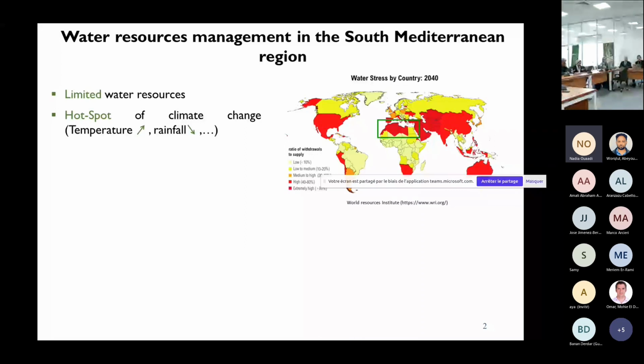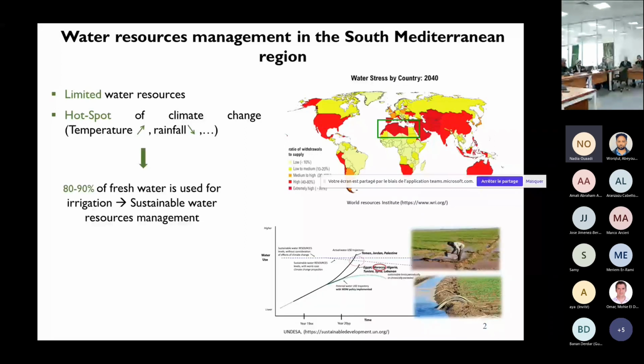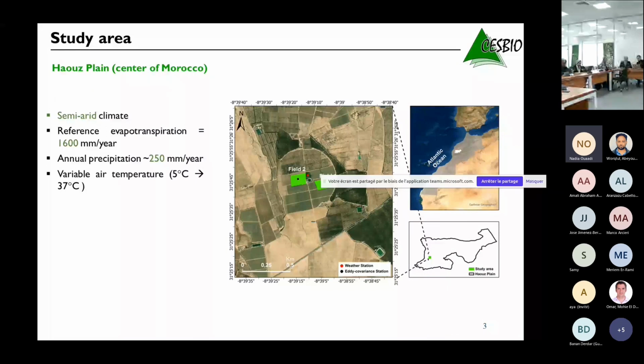Among the different sectors that consume water, irrigation dominates the global water use with up to 90% of it, which highlights the need for a rational and sustainable management of these scarce water resources. And this management requires the estimation at the plot scale of the vegetation water requirement, which is represented by the evapotranspiration.